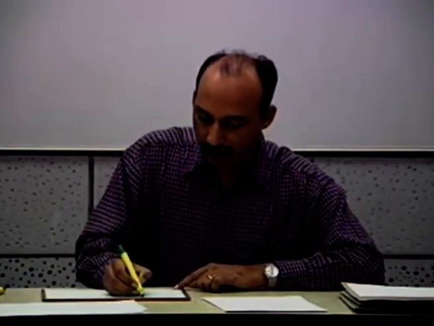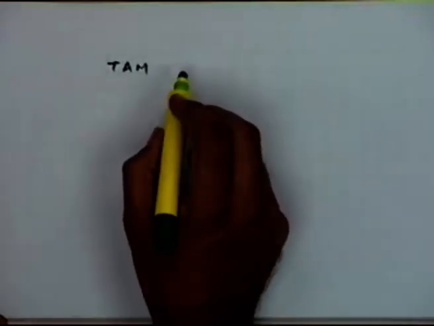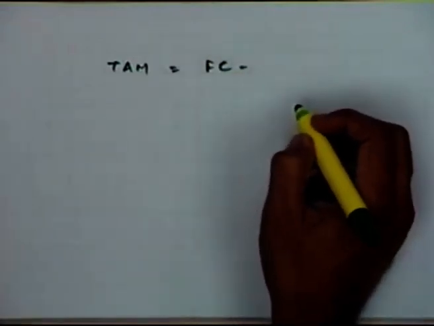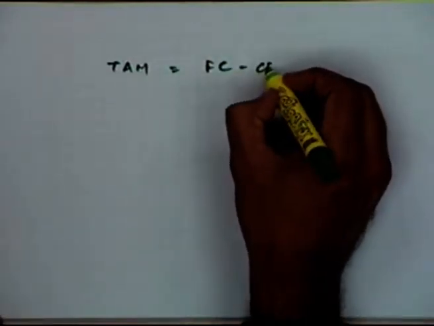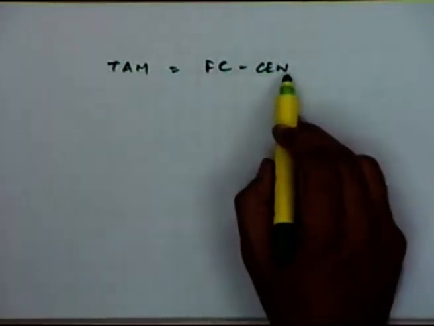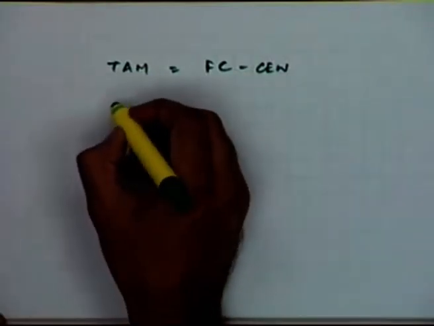The TAM, the total available moisture, is the difference between the field capacity and the CW, which is the limit of crop extractable water.